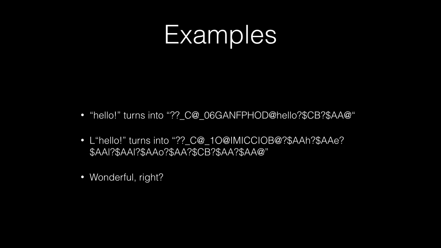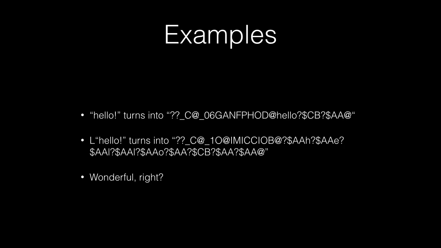Eventually, what it came down to was I had been staring at manglings for so long that I knew, just by looking at it, that everything before the at hello was actually a number. That ganfod thing is a number, believe it or not. I don't know why they don't choose to just write a number there, but they encode their numbers in a very special way. It's like hexadecimal offset from the letter A. Sure, okay, works for me.